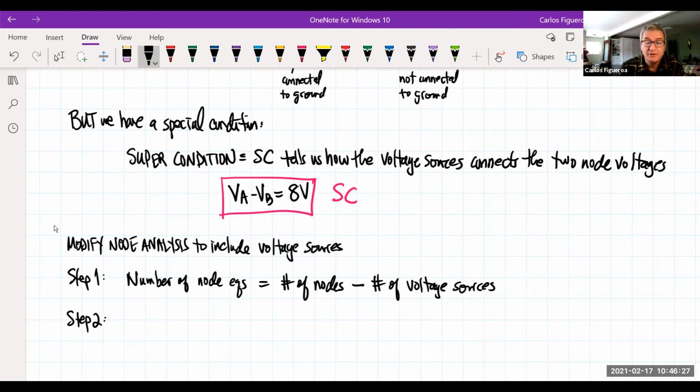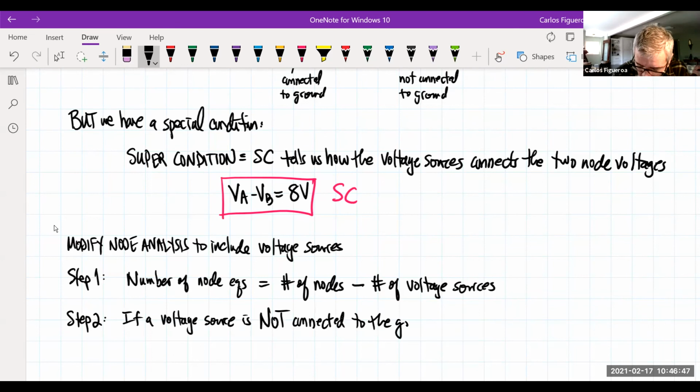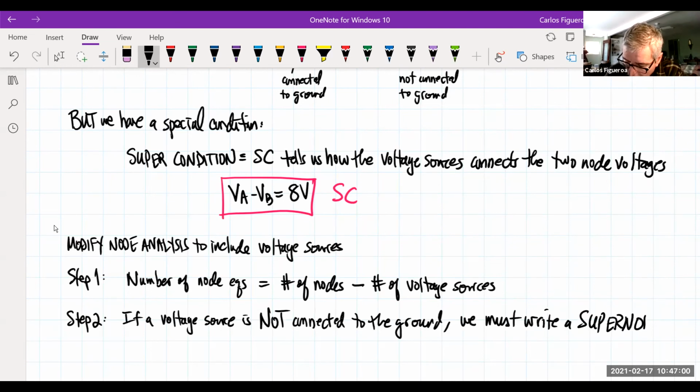Now we get to step 2. If a voltage source is not connected to the ground, we must write a super node equation.